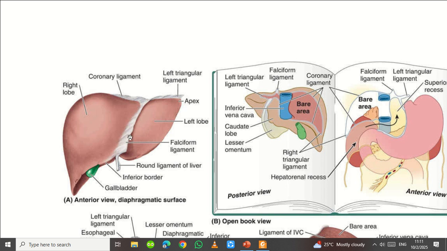Right, so the falciform ligament will actually divide the subphrenic recess into right and left. And it is this recess that will communicate with the paracolic gutters, which we said when we were doing our video of the peritoneum.